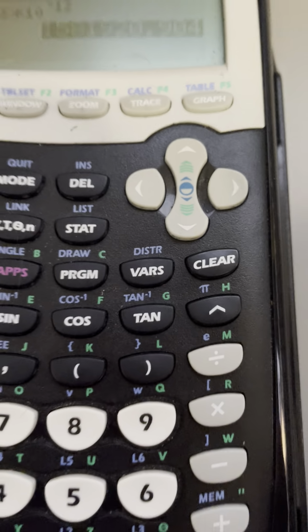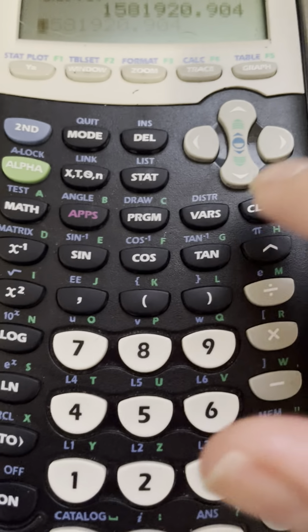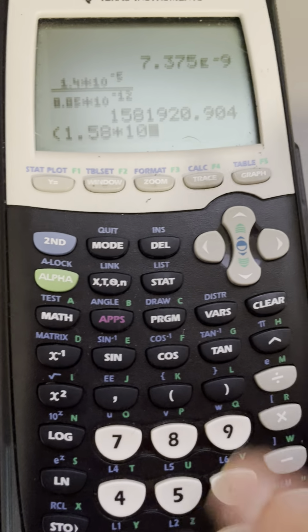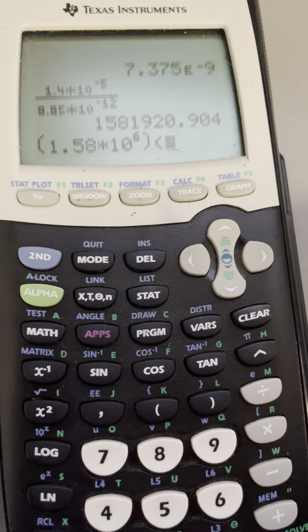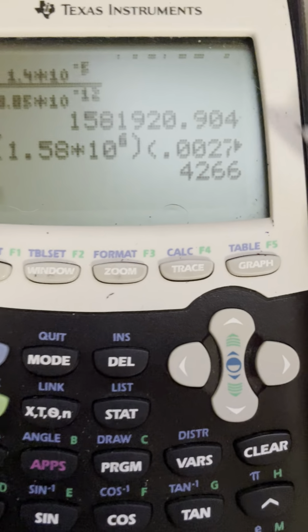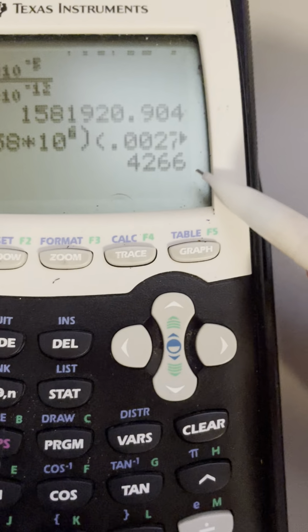I'll just multiply, rounding: 1.586 times 0.0027, and then we get 4,266 volts. That's for part B. Okay, so that is the two parts for question 4.1.